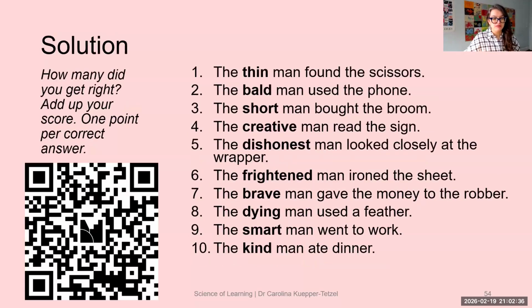Once you have your number, you can score, get 1 point per correct, and then use the QR code to indicate how many you got right.